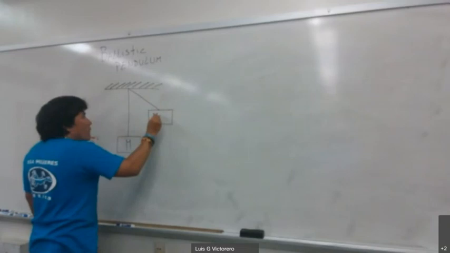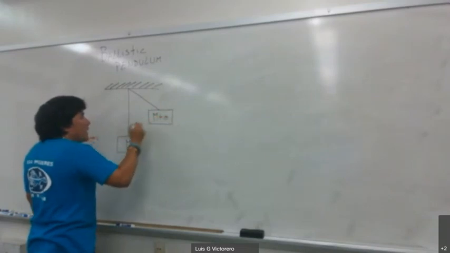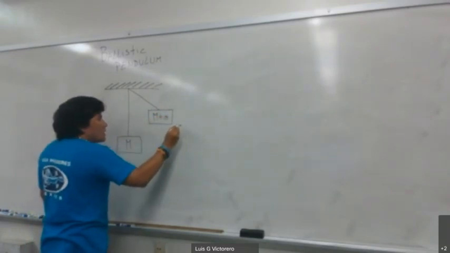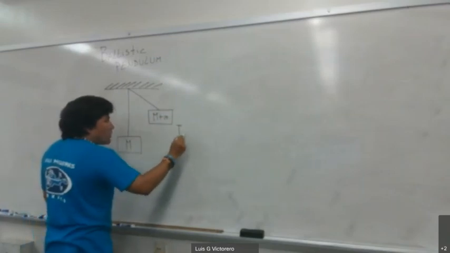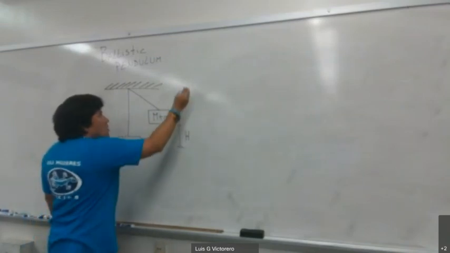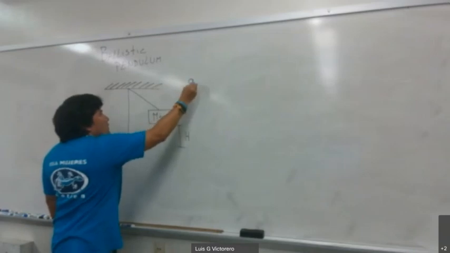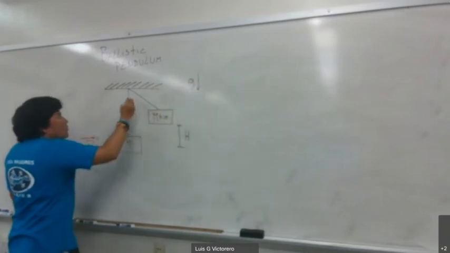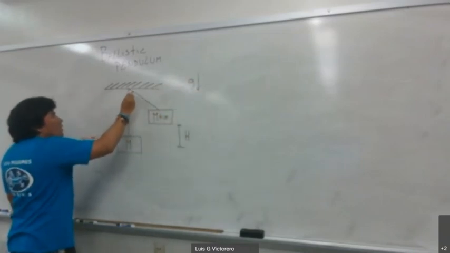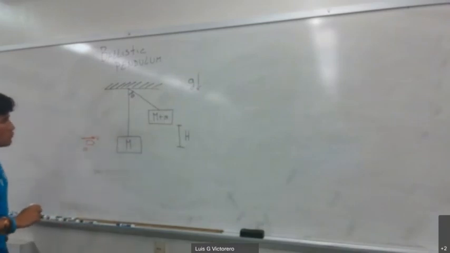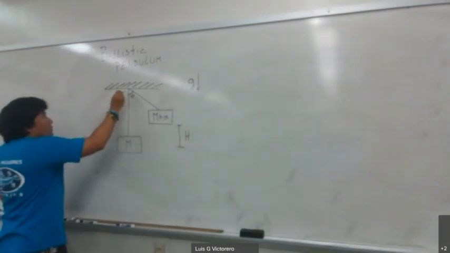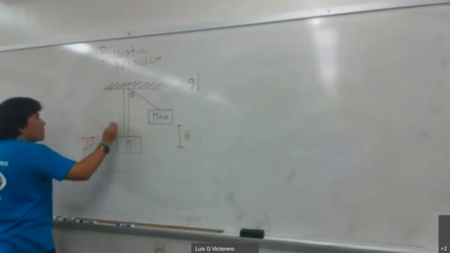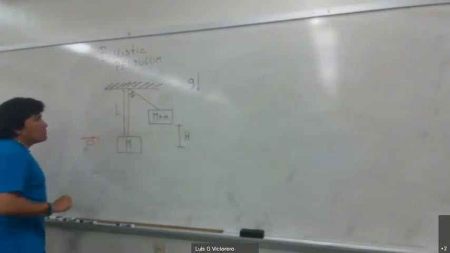M plus little m. And with respect to this point is a height h, gravity, and then you're given an angle. They don't tell you what's h. They give you this m.